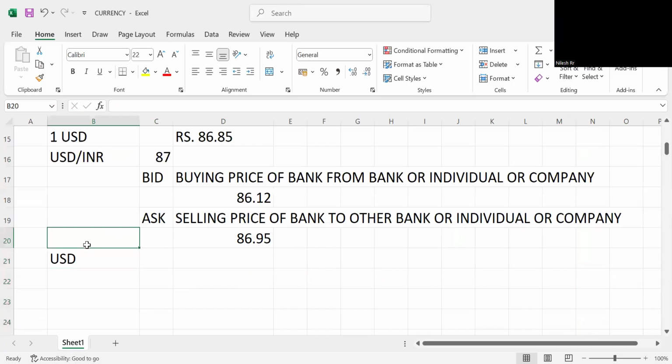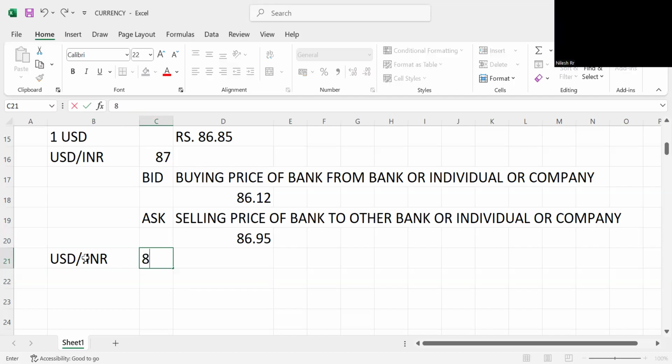We mention USD slash INR. If it is USD slash INR, 86.12 slash 86.95. Over here, you can see USD.